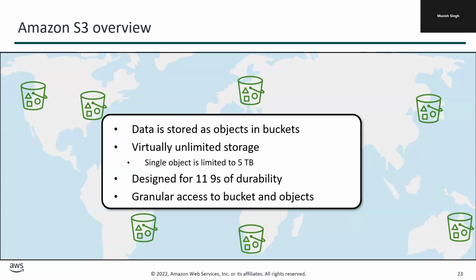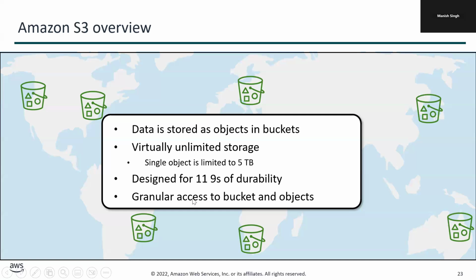So almost 100%, but it is not 100%, right? You'll have a small risk still that it will not be available or durable at some point of time. But 11 nines is almost 100, you can say.